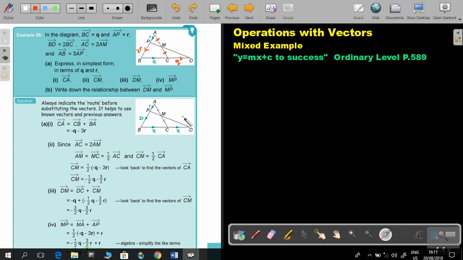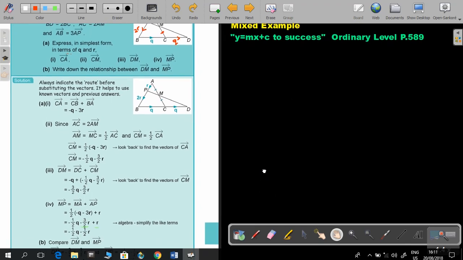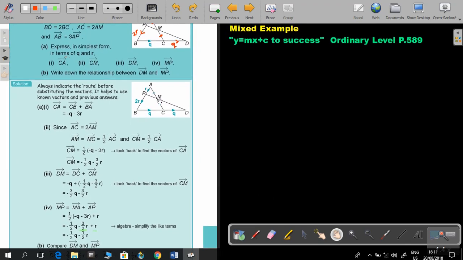this one, MP. Now you can take the route starting from M going to P, but that's too long. Rather take a shorter one. So it will be MA plus AP. Okay, now let's see, MA. Do you agree that CM is equal to MA?